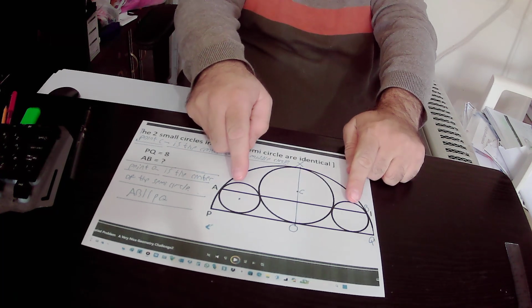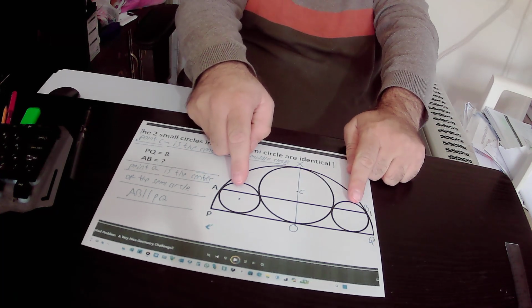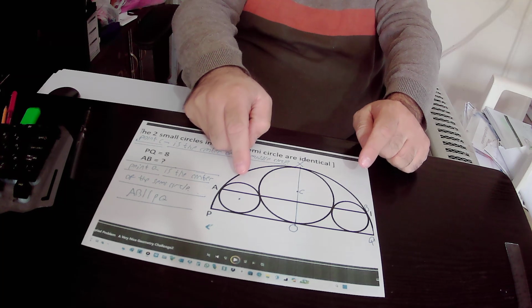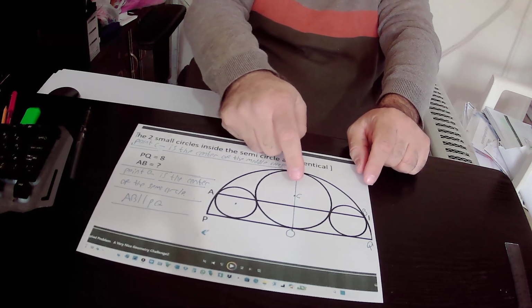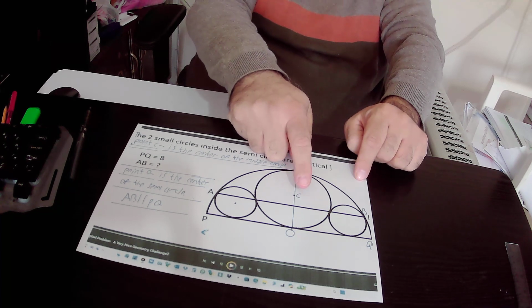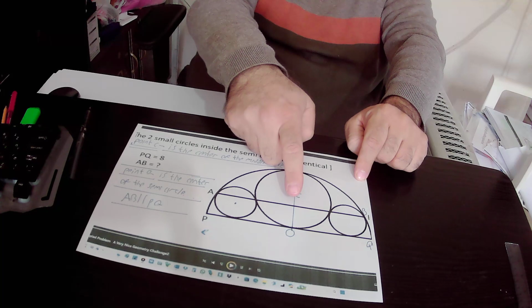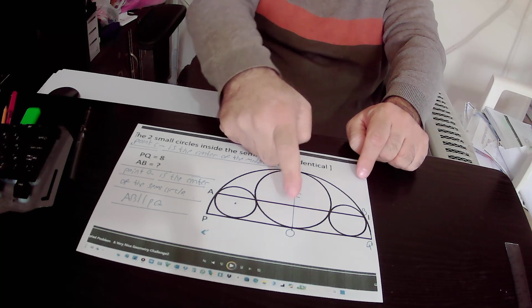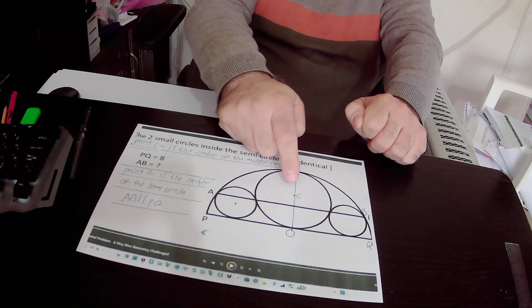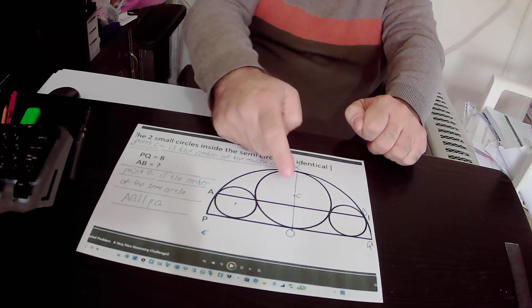Those two small circles are identical, and the middle circle is tangent to the semicircle at point O. Point O is also the center of the semicircle, and point C is the center of the middle circle.